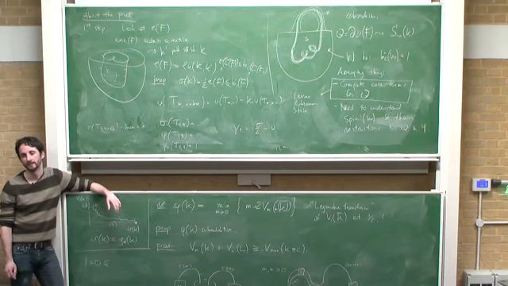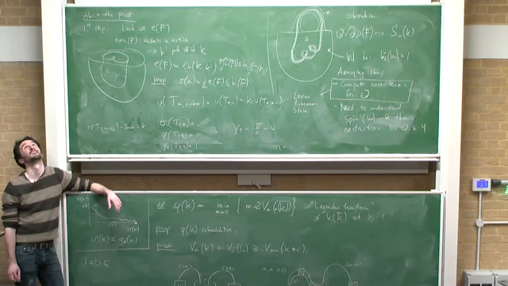Do you know the constant? Yeah, asymptotically, the signature is 4/3 of the genus.